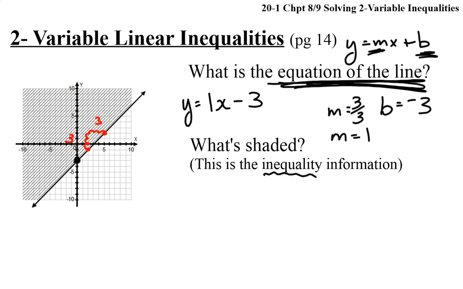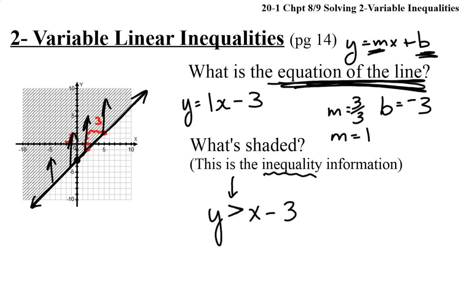But now we need the inequality. So I still have the y, I still have x minus 3, but now, instead of an equal sign, we need an inequality sign. Given our line, what's shaded? Everything above our line is shaded. So we want all the y's that are greater than x minus 3.